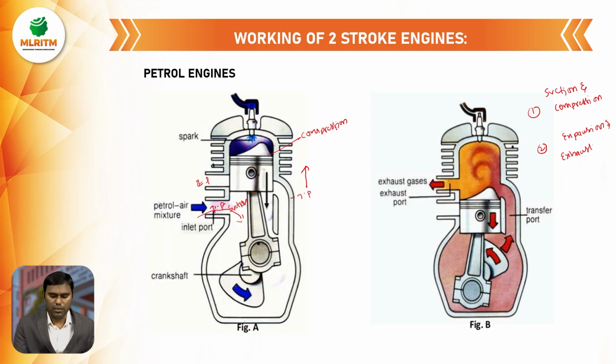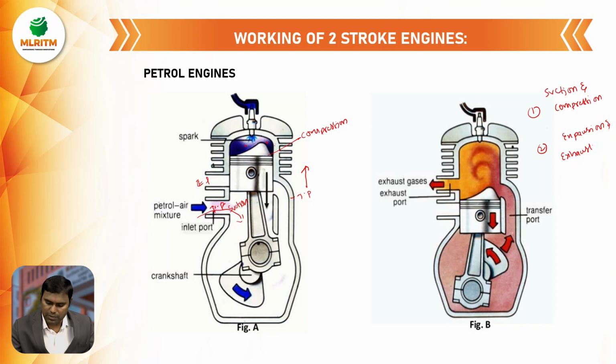So suction and compression, these two are completed in one stroke. That stroke is called an upward stroke. Then in a downward stroke, expansion and exhaust, these two take place. At the end of the compression stroke, in the upward stroke, the fuel is burnt with the help of a spark plug.